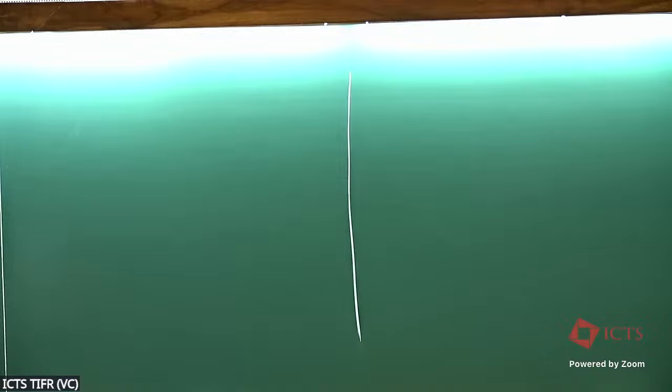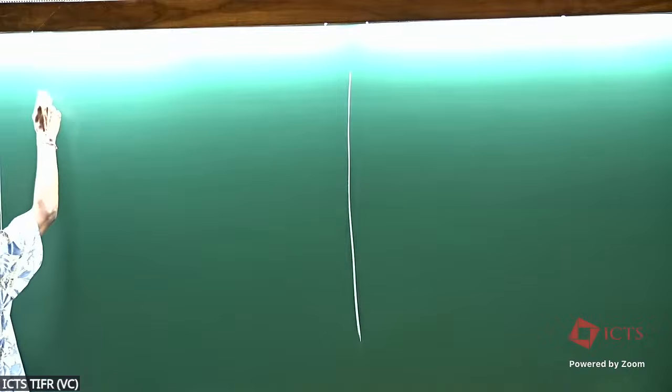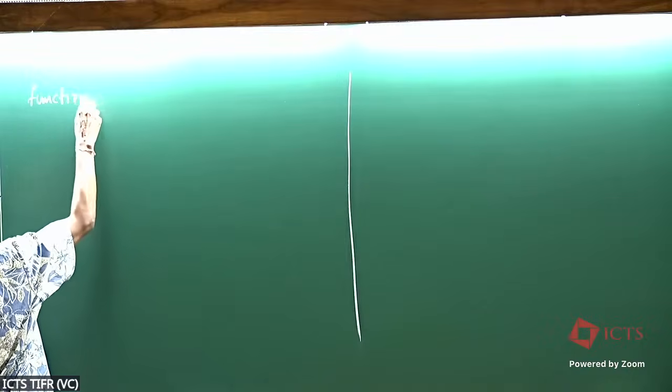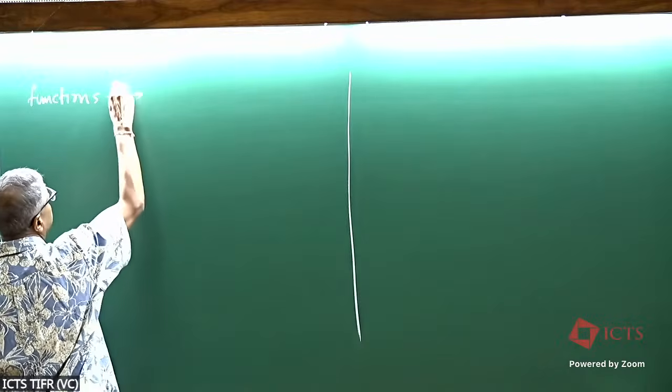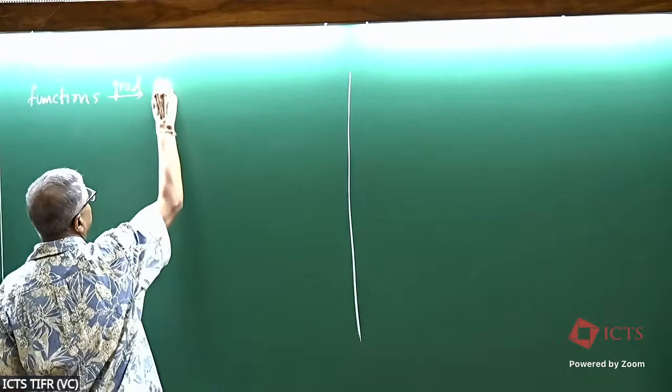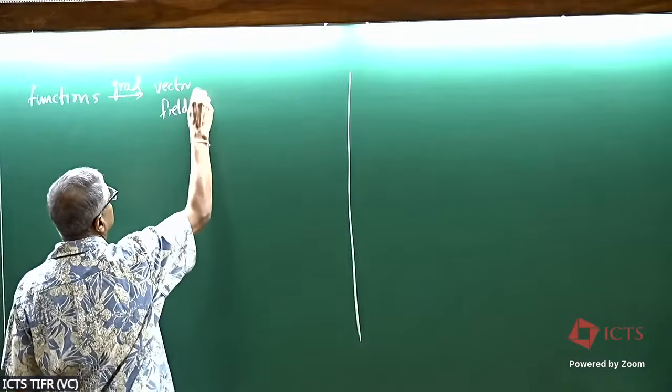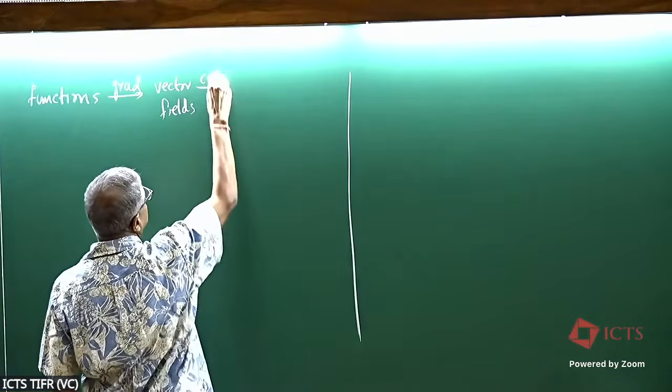So maybe I'll start with this idea in vector calculus that if you start with functions and do a grad, you get vector fields. Then if you do a curl, you still get a vector field.